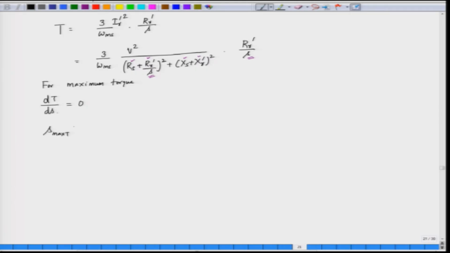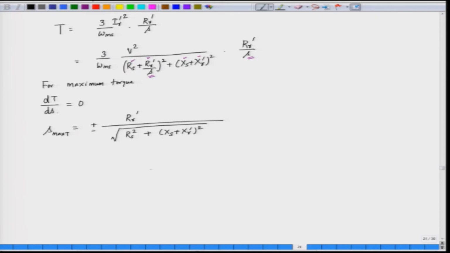Slip for the maximum torque, s max t, is given as R r prime divided by the square root of R s square plus (X s plus X r prime) whole square, and this could be plus or minus.